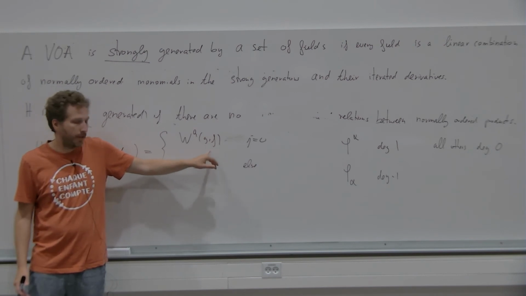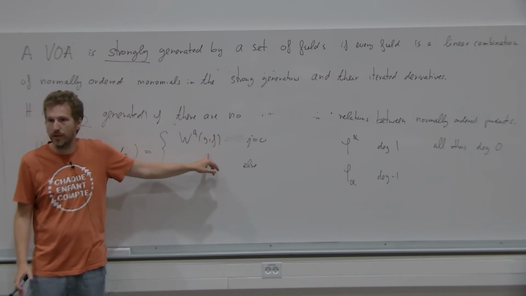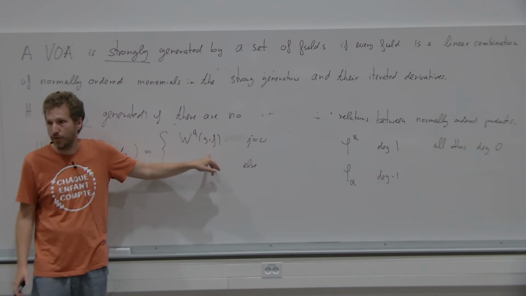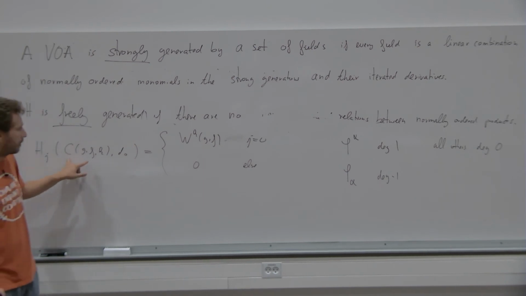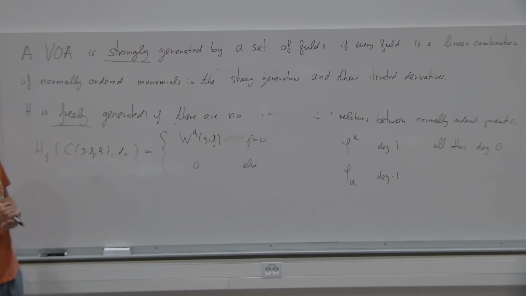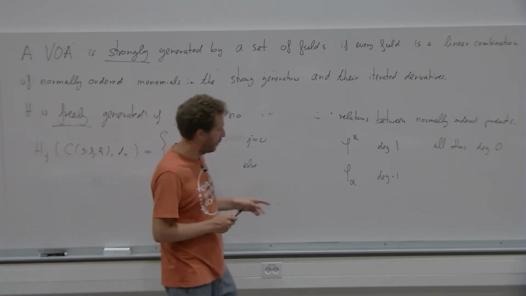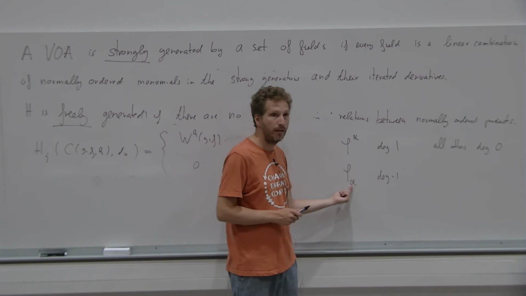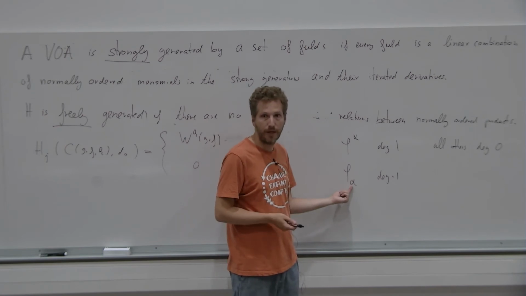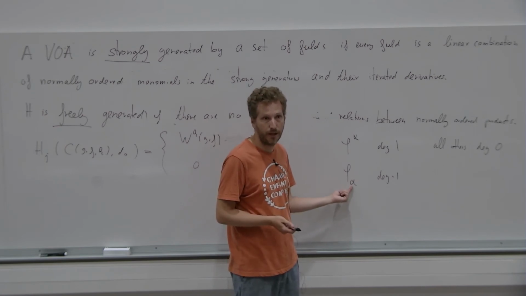I'm just writing this down for completeness because conceptually this is an important, useful thing. And maybe let me comment on the proof. What you have is this big complex. What you do is you split it into a subalgebra generated by this phi lower alpha together with their images under the differential.